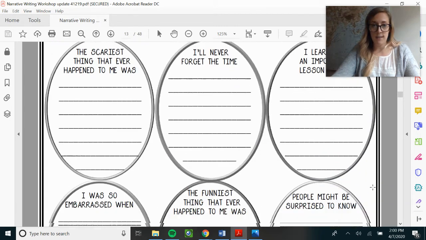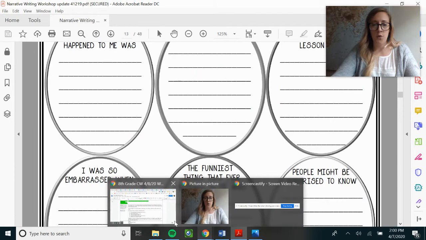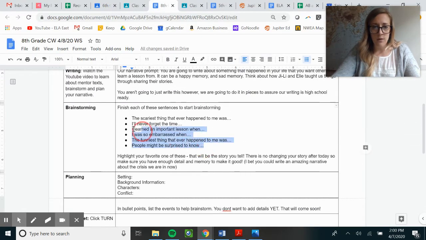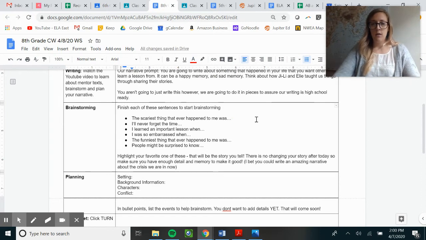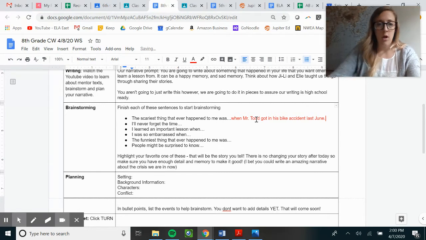So I turned this exact worksheet right here into your worksheet on the Google Drive. So if you look, each one of those bubbles is right here as a sentence starter. I want you to change the font color, and I want you to finish that sentence. So the scariest thing that ever happened to me was when Mr. Todd got in his bike accident last June.